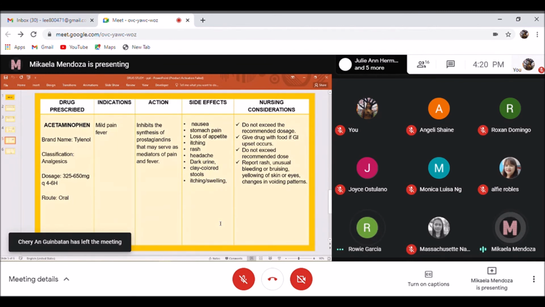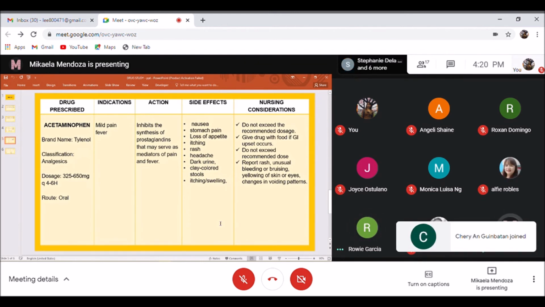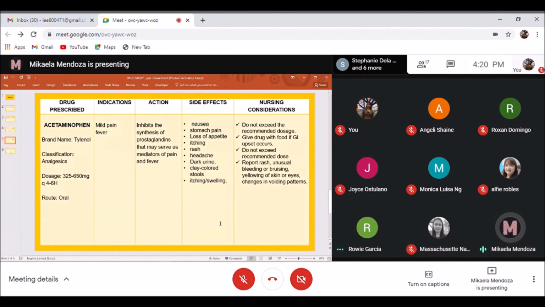Side effects are nausea, stomach pain, loss of appetite, itching, rash, headache, dark urine, and clay-colored stools. The nursing considerations are: do not exceed the recommended dosage, give drug with food if GI upset occurs, and report rash, unusual bleeding or bruising, yellowing of skin or eyes, and changes in voiding patterns.